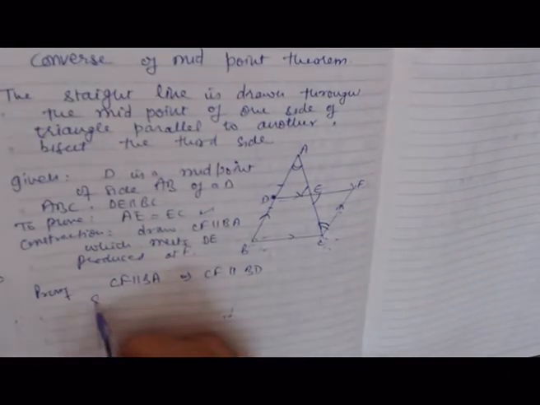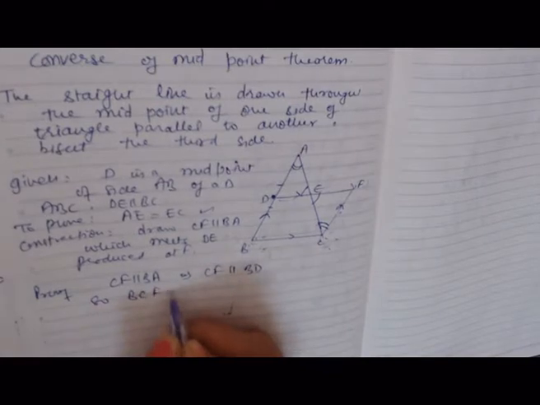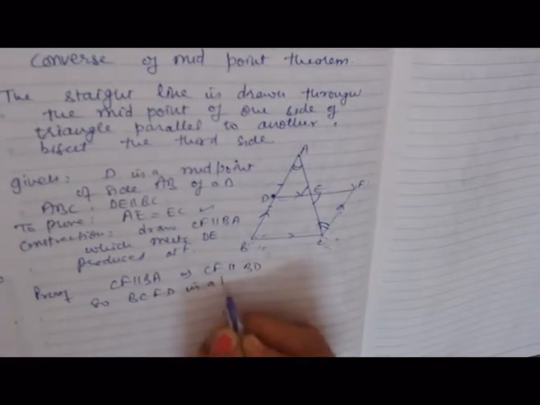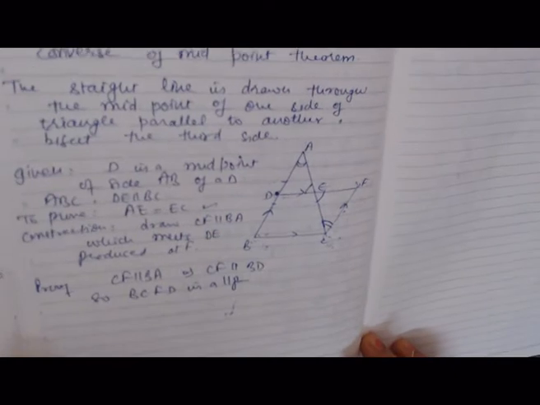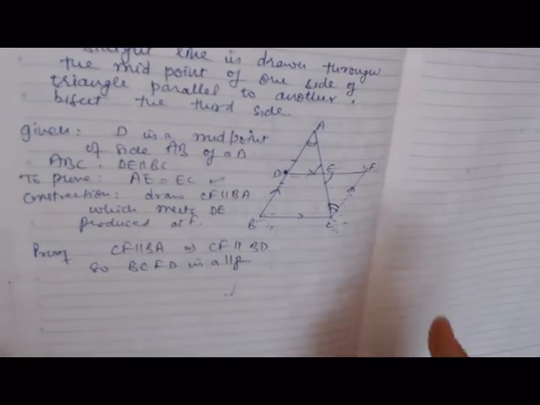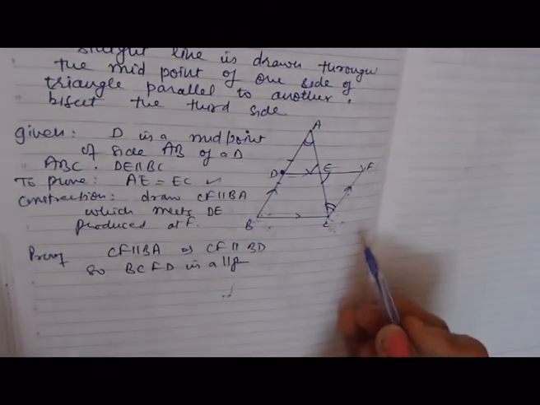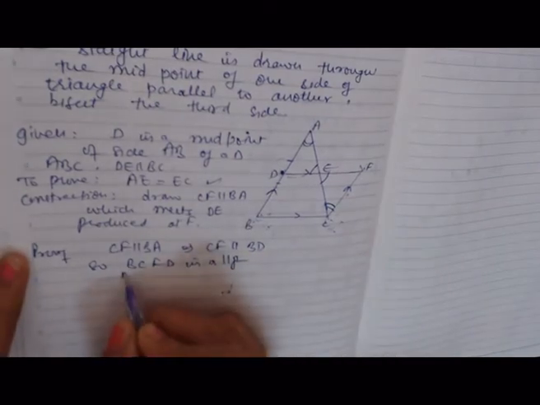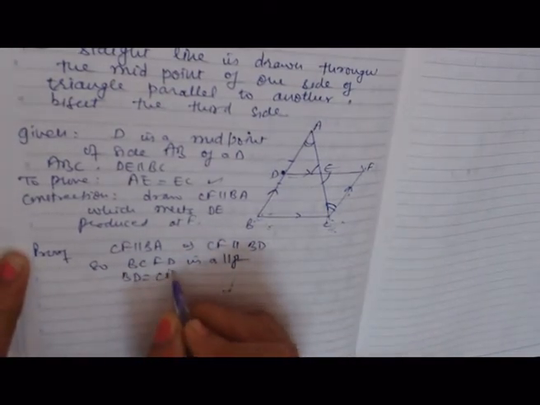So we get BCFD is a parallelogram. And you know that the opposite sides of a parallelogram are equal. So you get BD is equal to CF.